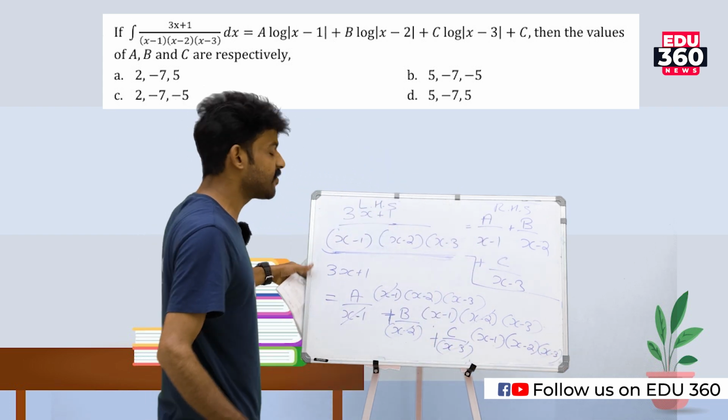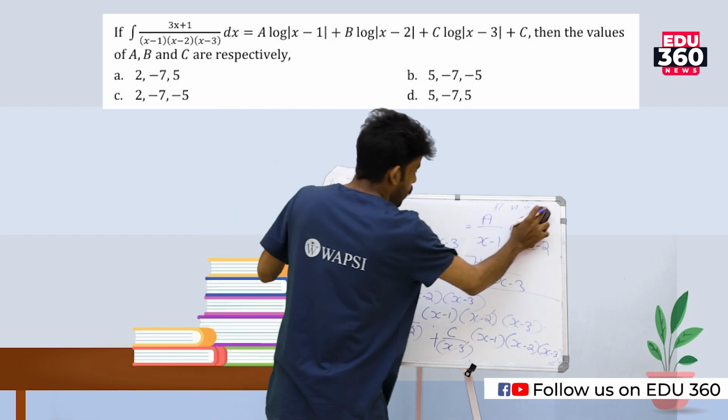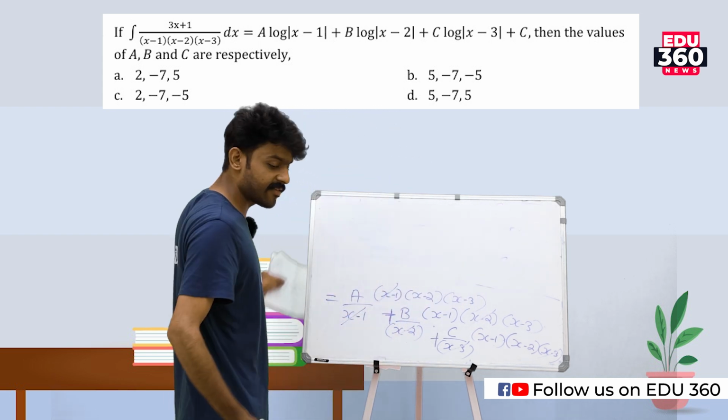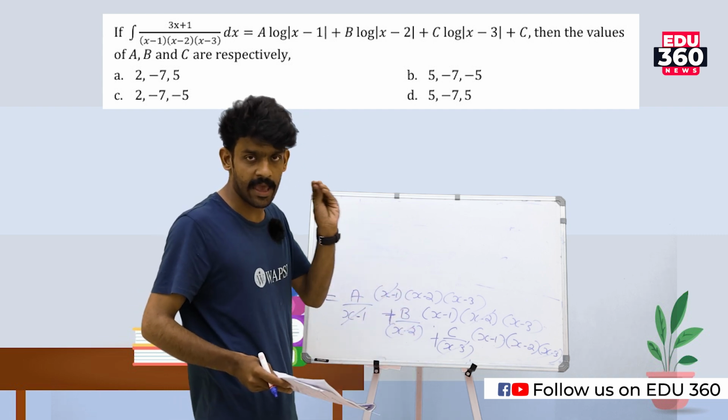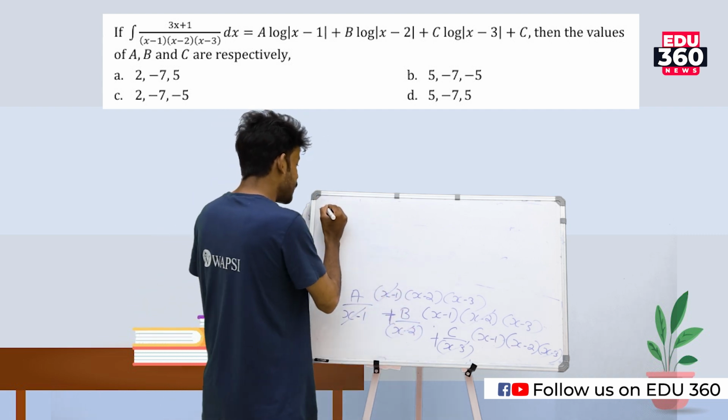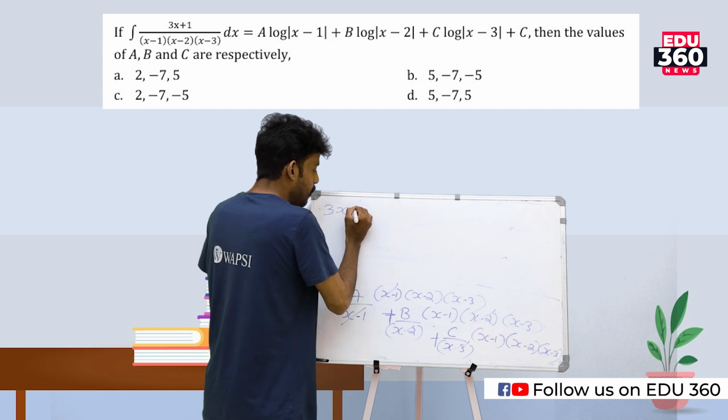So on the next step, the LHS is the same, 3x plus 1. Let me write the LHS once again, 3x plus 1.